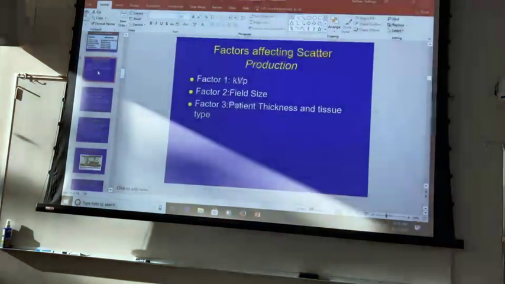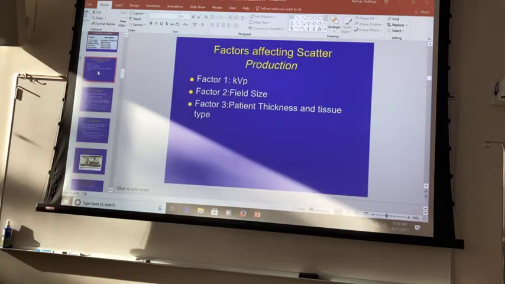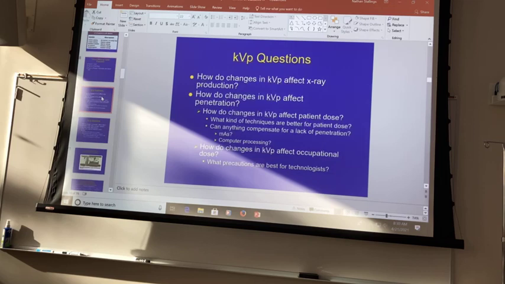Okay, so just to review what we did on Friday, we talked about kVp and how the interactions change with changes in kVp. The factors affecting scatter production would be your kVp, your field size, and your patient thickness.